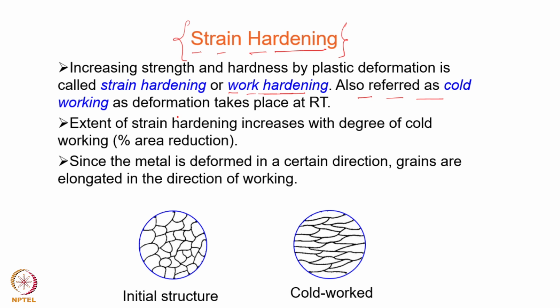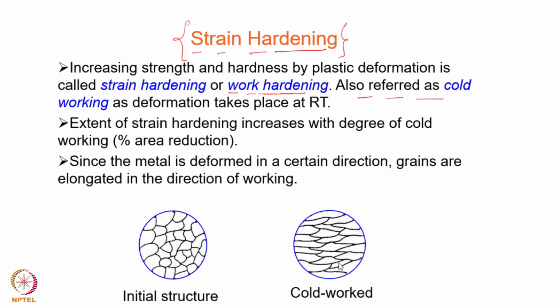So it has to be done at a temperature where you can retain these dislocations which are generated by the deformation process. When you do that cold working at such temperatures, which may be room temperature also, as I said, it will be referred to as cold working. This is the one that we are going to talk about right now, and like before, we will see what is the mechanism through which the strengthening occurs in this case.